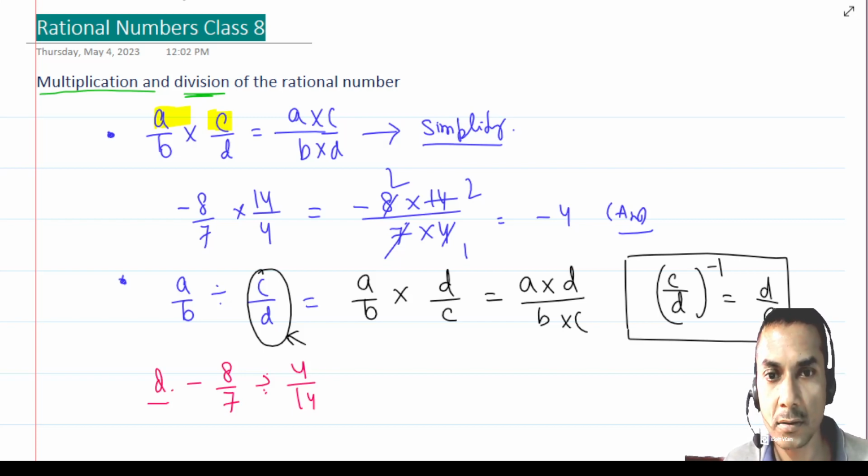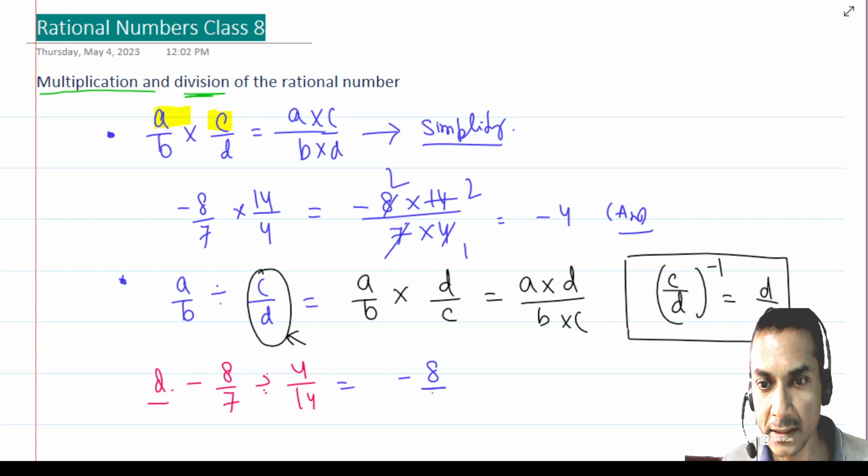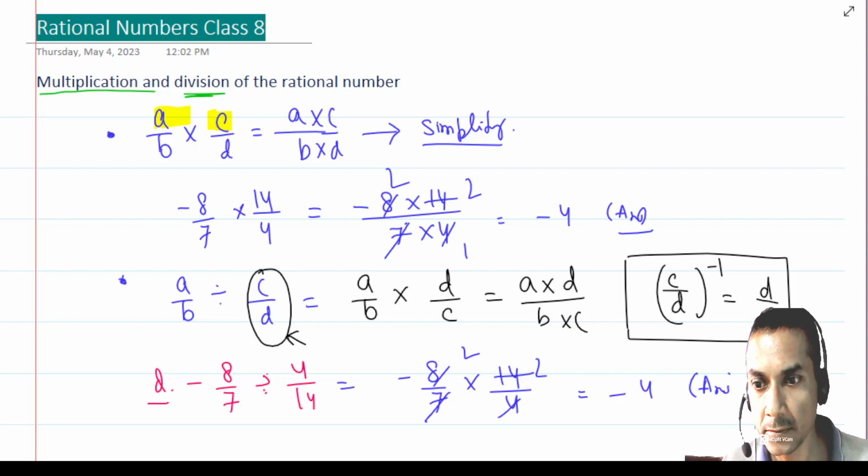Do it. Minus 8 by 7 into 14 by 4 gives minus 4. Clear? This is the answer.